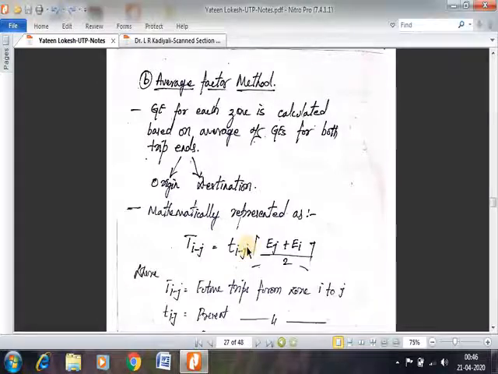Now let us move to the next growth factor method as per the list which was shown to you earlier. The second growth factor method under the trip distribution process is the average factor method.